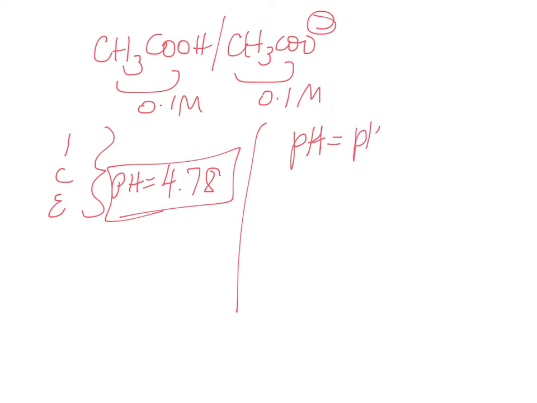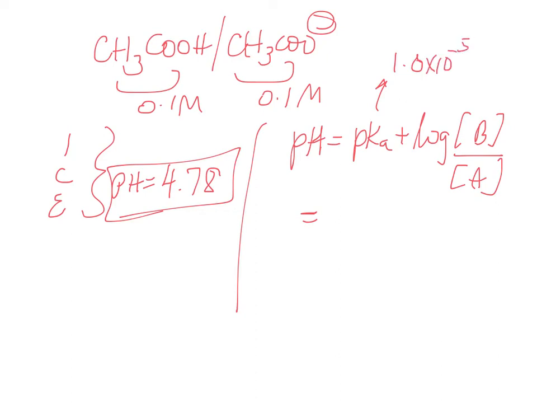So pH is equal to pKa plus log of base over acid. Of course, I will need the pKa of acetic acid, or at least the Ka of acetic acid, which by the way is 1.8 times 10 to the negative fifth. So I can say it's negative log of 1.8 times 10 to the negative fifth plus log of the base here is acetate, so that's 0.1. The acid here is acetic acid, which is 0.1 as well.